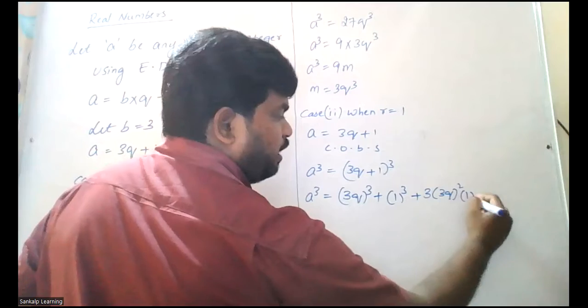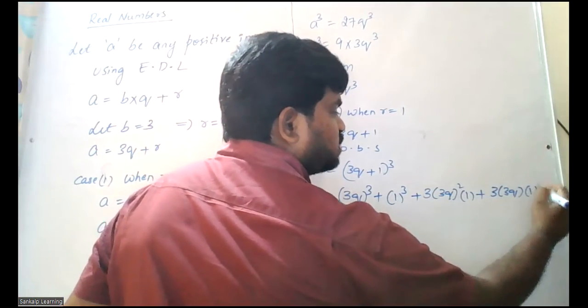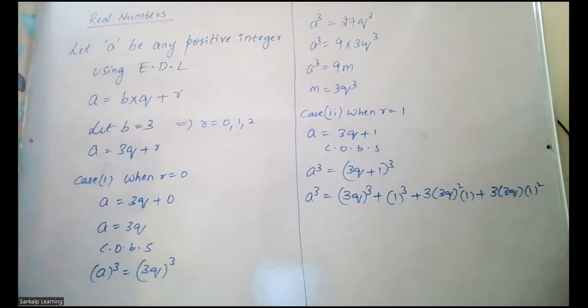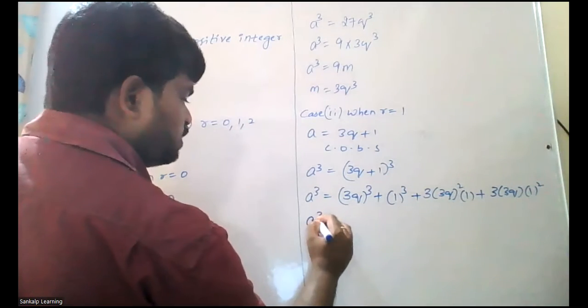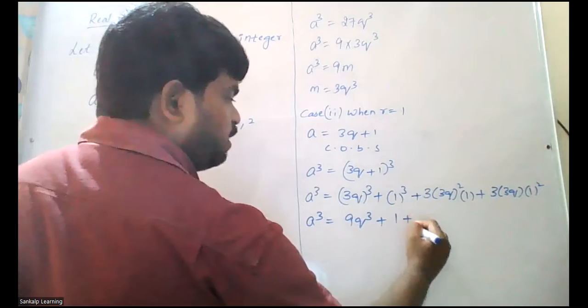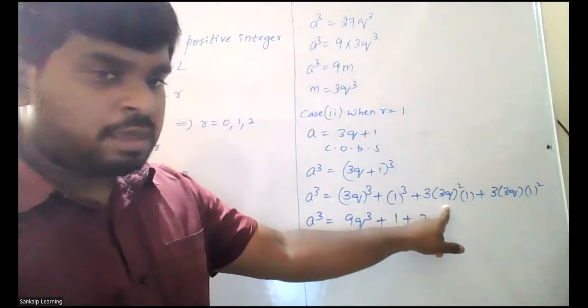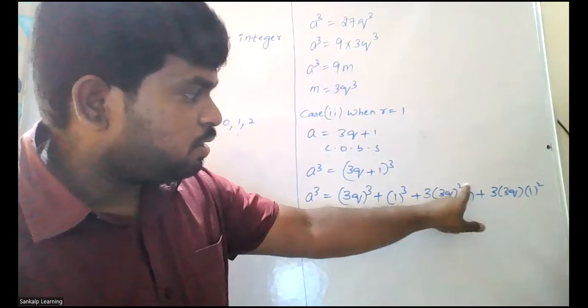We got it? So a cube is equal to 27 q cube plus 1 cube, and 1 cube is 1. Remember, you cannot multiply this 3 and this 3, because there is a power hanging here.